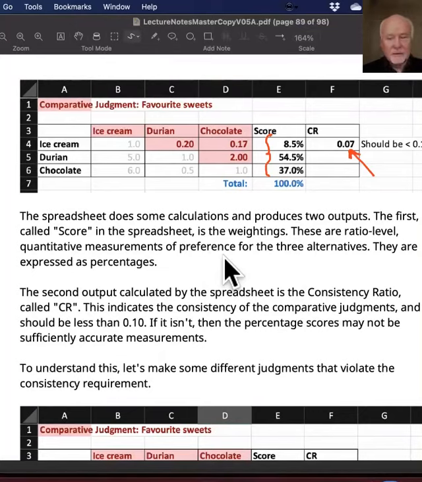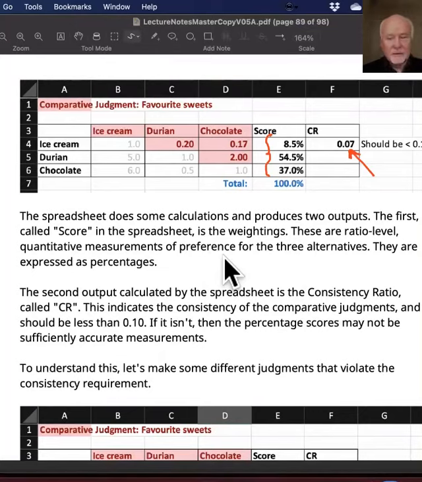If your ratings are not acceptably consistent, then your scores, your weightings, may not be sufficiently accurate. They may not be ratio level. So if that happens, you've got to go back and figure out what's going on.